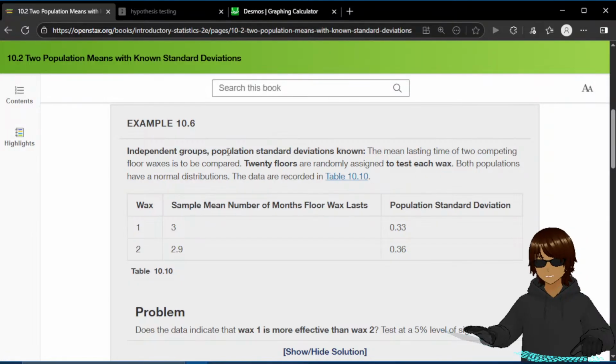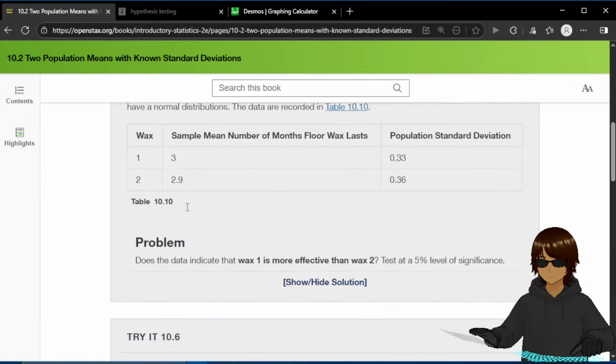Independent groups, population standard deviations known. The mean lasting time of two competing floor waxes is to be compared. 20 floors are randomly assigned to test each wax. Both populations have normal distributions. The data are recorded in table 10.10.